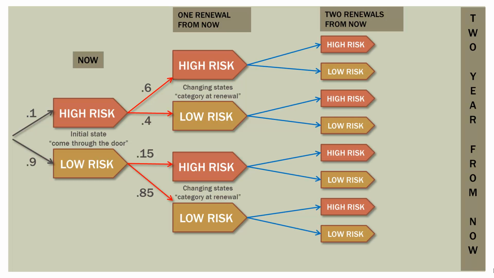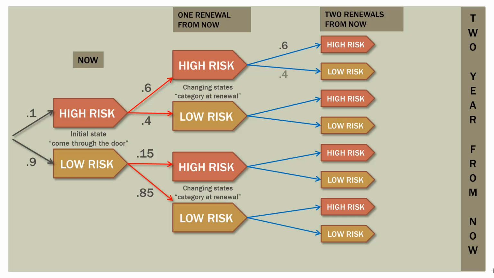And again, we could do this for many years into the future, right? But the problem is this probability tree would become massive. It would be the size of a wall. So that's why we actually use Markov chains and transition matrices and things like that, because it allows us to do this far into the future without having to write a probability tree that is 8 feet wide.